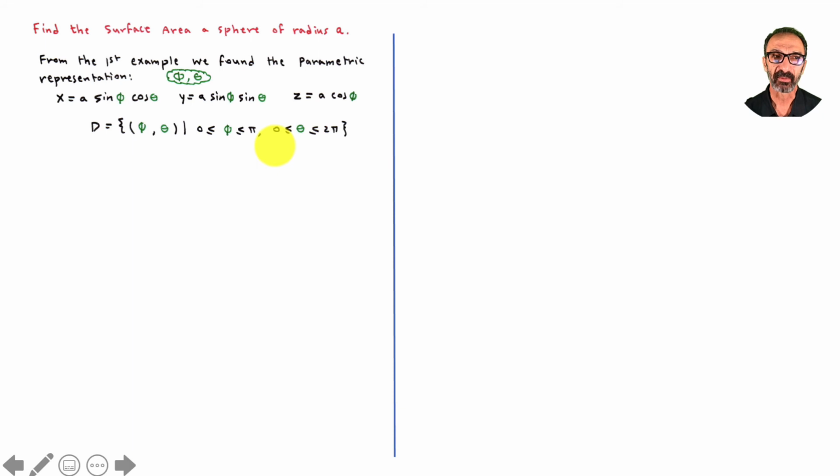From the first example, we found the parametric representation of a sphere using the parameters phi and theta as follows. Instead of reading the whole thing, guys, you believe me, we have seen this before, so I'm trying to read less and save you some time.